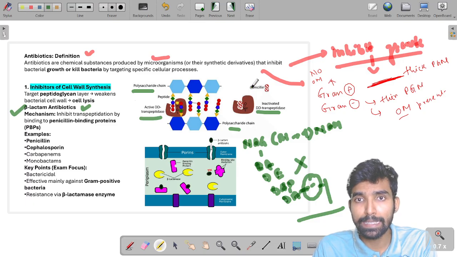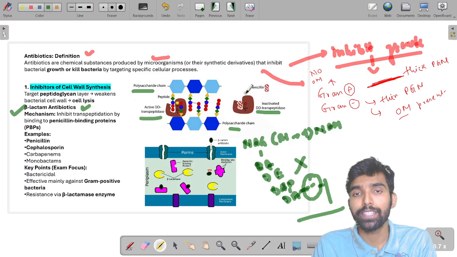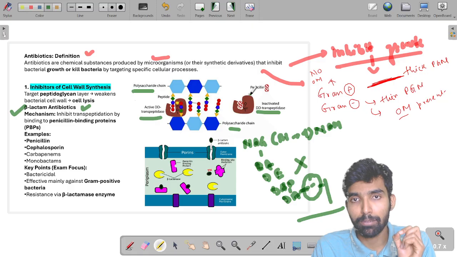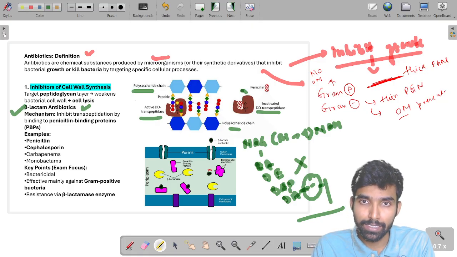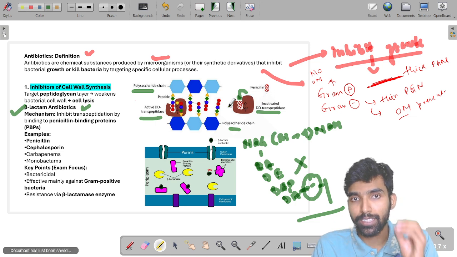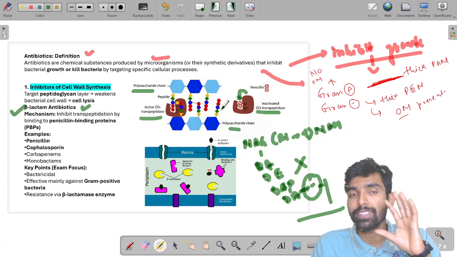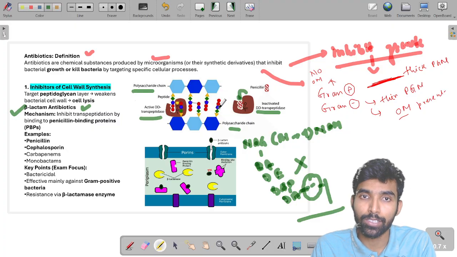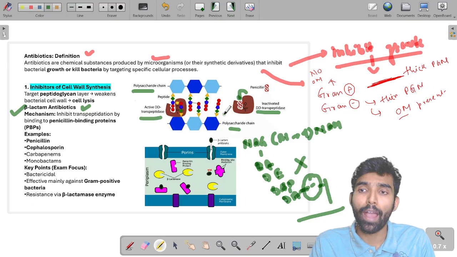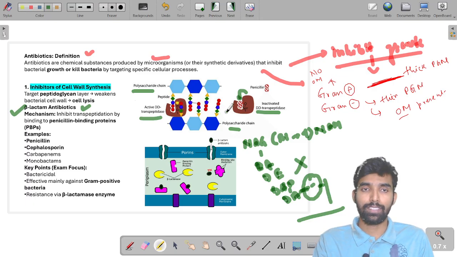Remember, penicillin has a beta lactam ring, and because of this, the beta lactam ring will fit here, and now the transpeptidase enzyme is inactive. At this point transpeptidase can't synthesize the peptidoglycan.